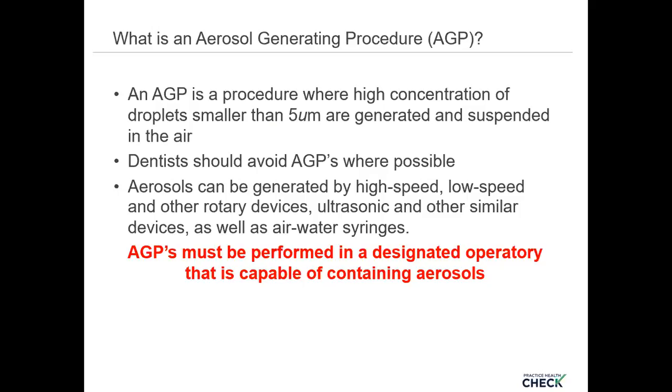Also, installing HEPA units in all of the operatories, and in addition, getting an HVAC assessment to determine the proper air exchanges for your environment. These are all things that are going to help turn over the air in the room a little bit quicker.